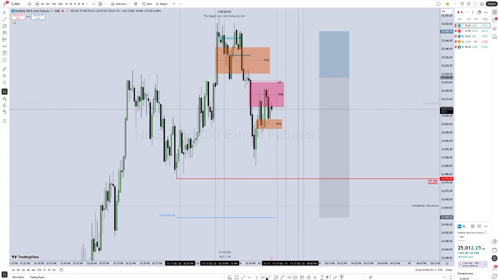I want this to be respected, so I'm going to draw from that high to this low. I expect this to be a breaker, so I'm going to click on my optimal trade entry where we are right now. So we close back below these levels. Now I want this wick to be used as an order block.